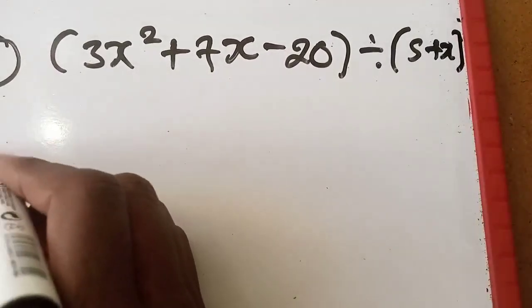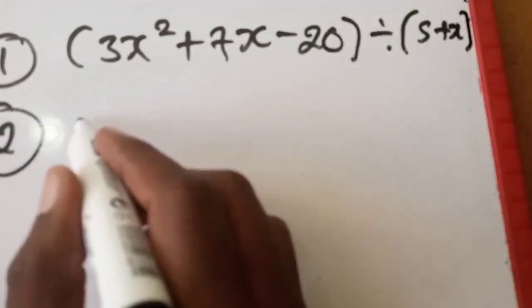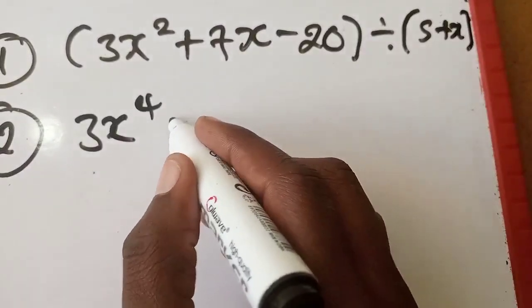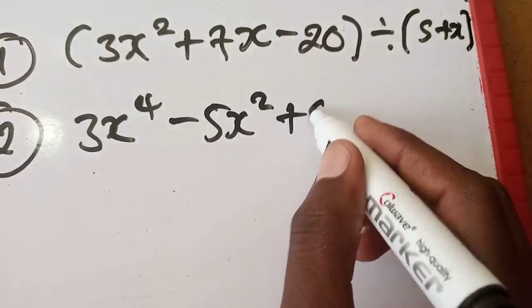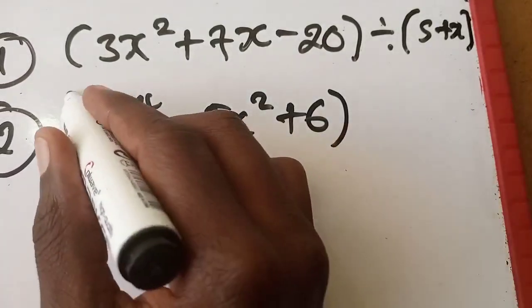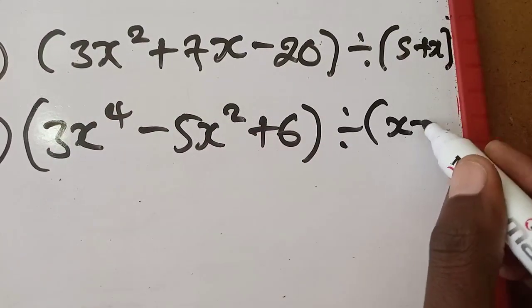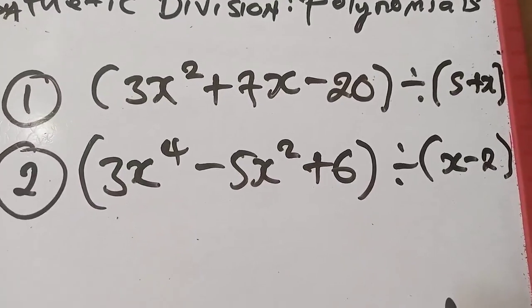Then question 2, you have 3x to the power 4 minus 5x to the power 2 plus 6, like that. You divide this whole thing by x minus 2. So these are the questions that I've given you.